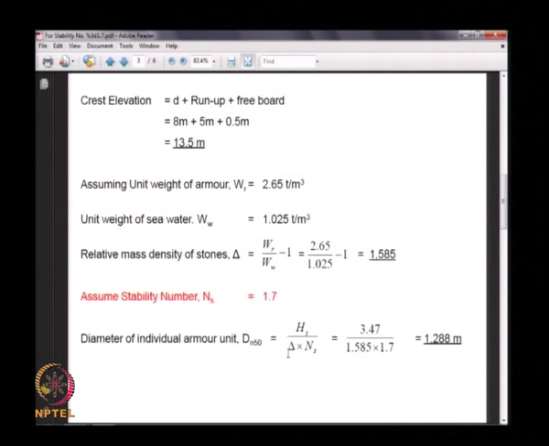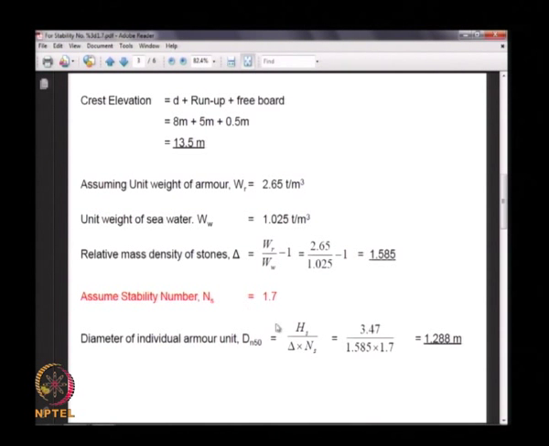This delta is nothing but Wr by Ww minus 1. There is a similarity between what we have done in the breakwater design, that is Sr minus 1 is nothing but delta. Hudson's formula and this are one and the same, only it is given a different kind of dimension. Wr is the unit weight of armor, Ww is unit weight of sea water. So you get delta which is 1.585.